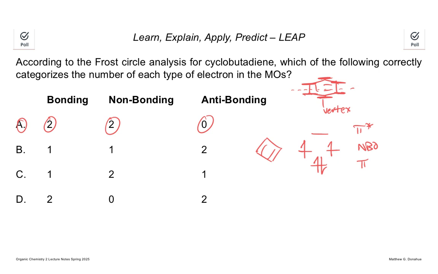Why would you spin the cyclobutadiene, but you wouldn't spin the other one to do the line symmetry, like the benzene? The definition of the Frost circle is that you have to have an atom pointing down. So the benzene, just the way we draw it, is normally like that.